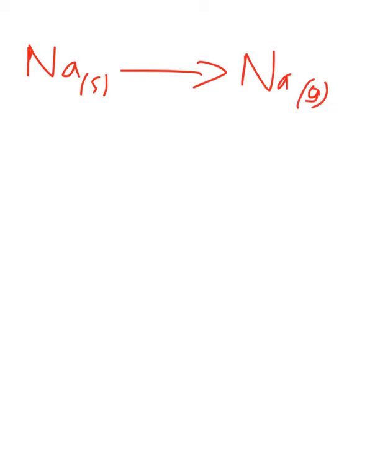This process is called atomization, and it is endothermic. Also, in this process, the product is only 1 mole of a gaseous atom, and it has to be a gaseous atom.